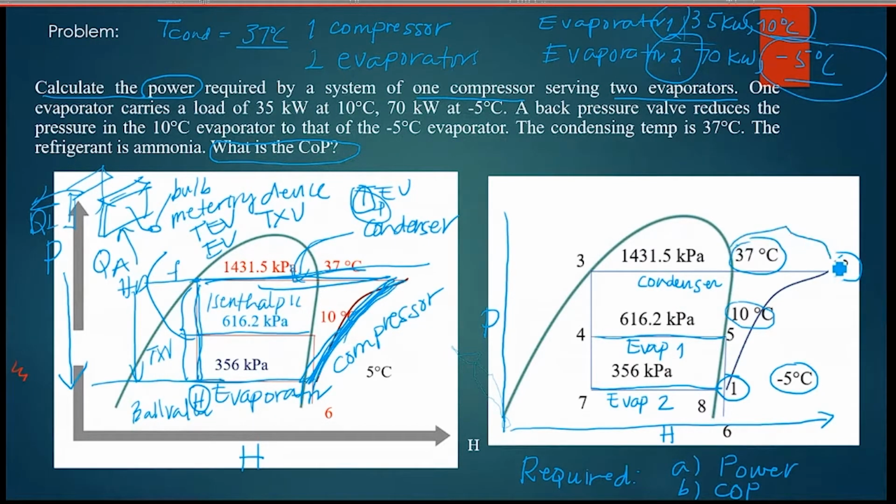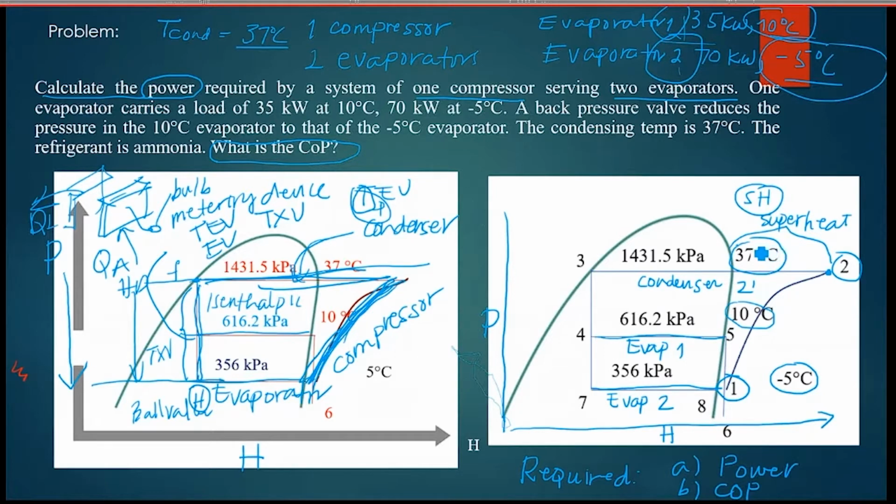At the discharge of the compressor, the end of the compressor, it has a state, meaning a condition, of superheat. I'll abbreviate that as SH. So from 2 up to this point, let us say 2 prime, there is a condition here which is superheat.